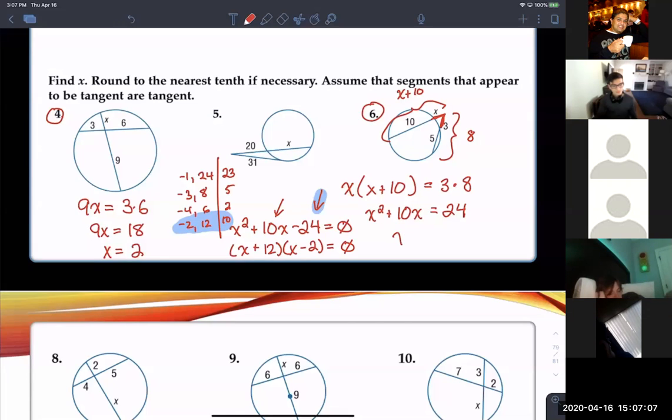And when you solve, you get x equals -12 and x equals 2. Now, remember, we have to eliminate one of these because one of them is not a viable solution. Which one do we have to omit?